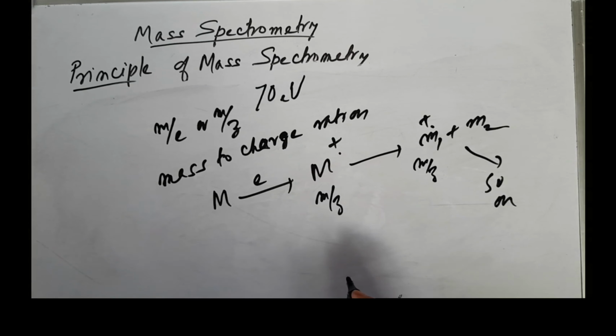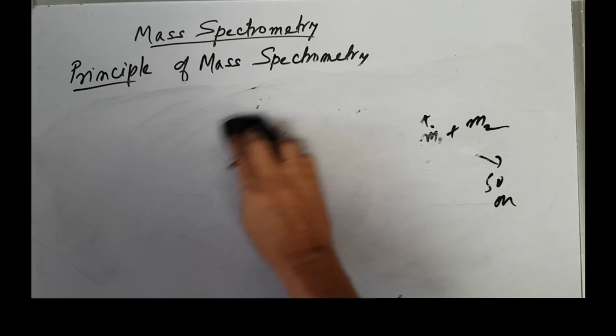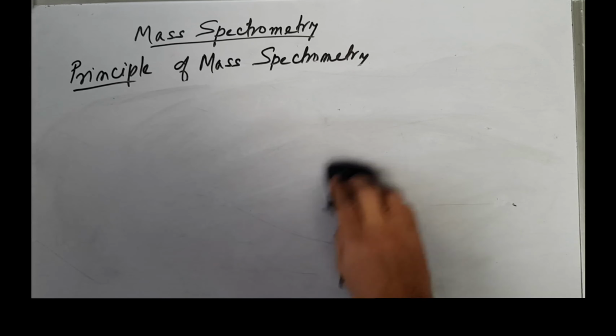So in the mass spectrum, m/z values are plotted against the relative abundance of the compounds.